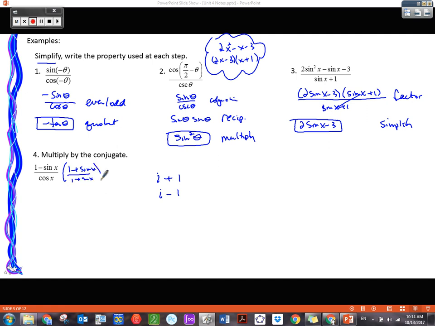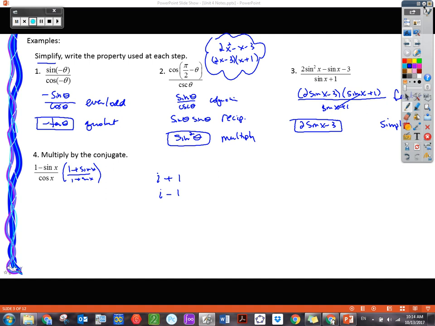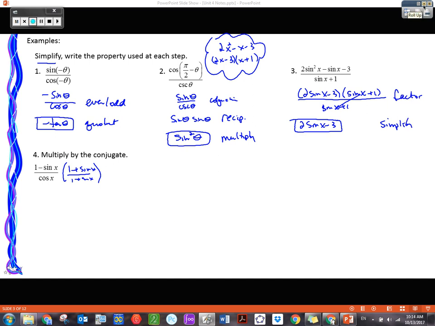Now this brings up a really important concept for us, and that is these things that we're working with are expressions. We are not allowed to change the value of an expression. We are not allowed to multiply by 2. We're not allowed to square things because we have no way to balance it, right? There's no equal sign. So if we're going to do something, it has to be multiplied by 1.